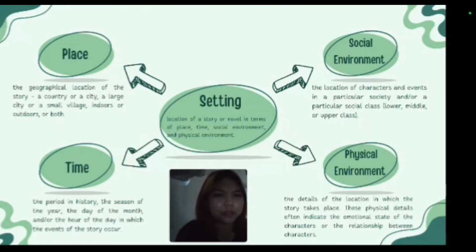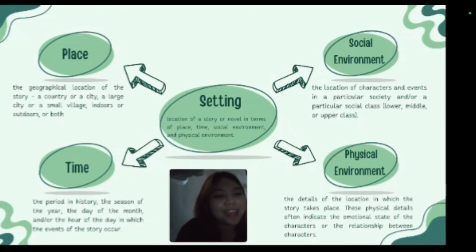For example, if you say Hogwarts is the place, what does Hogwarts look like? It is a place where it has an illusion, an illusion scene. Basta. So, the physical environment are the details that we have to look up to when we are trying to do fiction analysis.